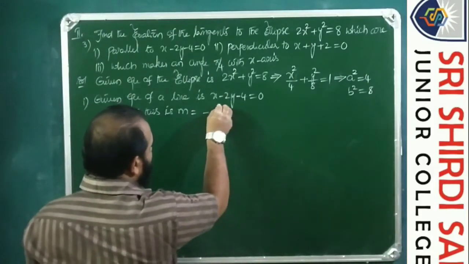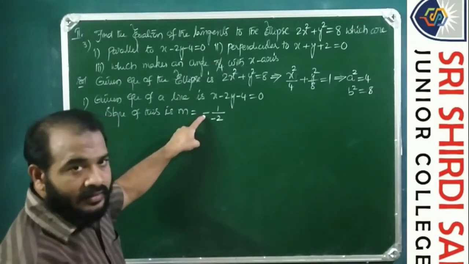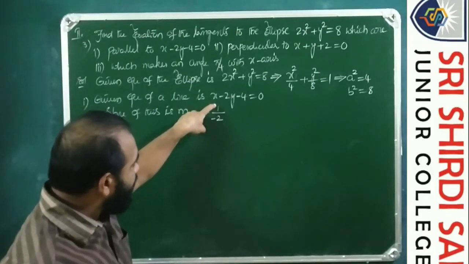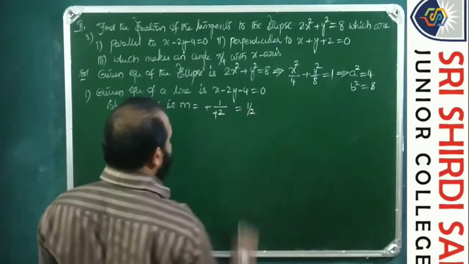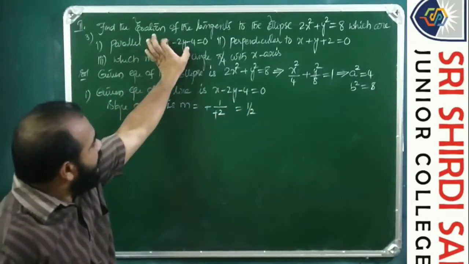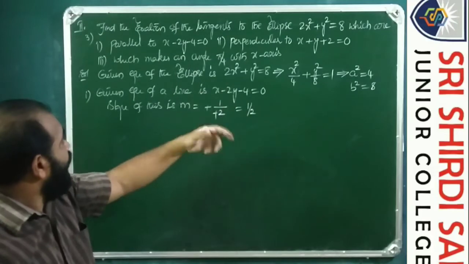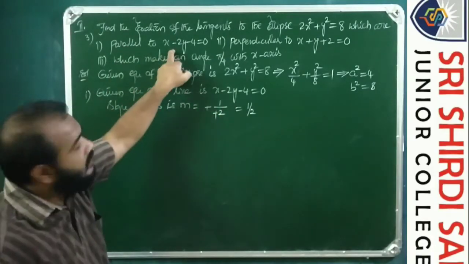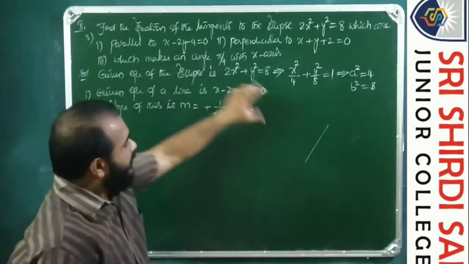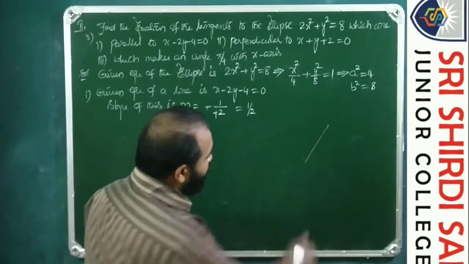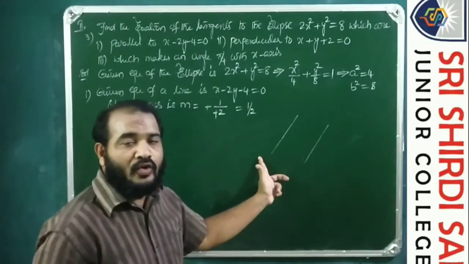So this is minus 1 by minus 2, the minus of minus gets cancelled, 1 by 2. So this line's slope is 1 by 2, and what is the slope of a line which is parallel to this? Same, because both are parallel to each other. The slopes are going to be same.